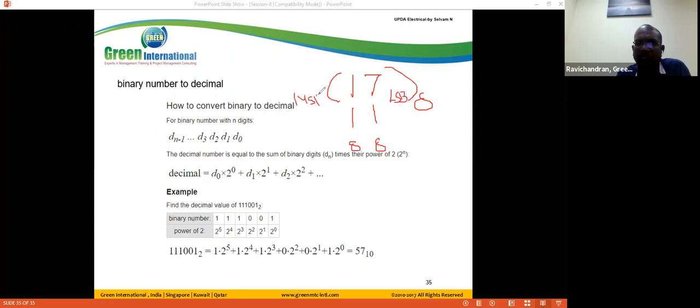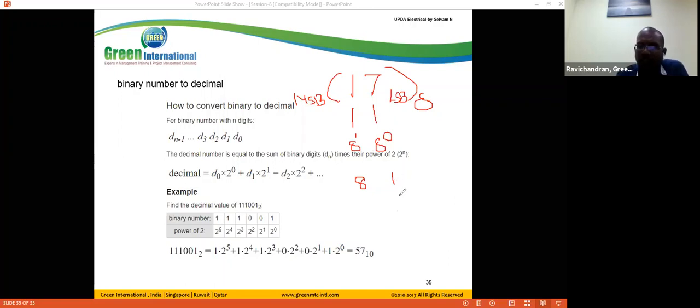We start from the least significant bit: 8 power 0, anything power 0 is 1. 8 to the power of 1 is 8.